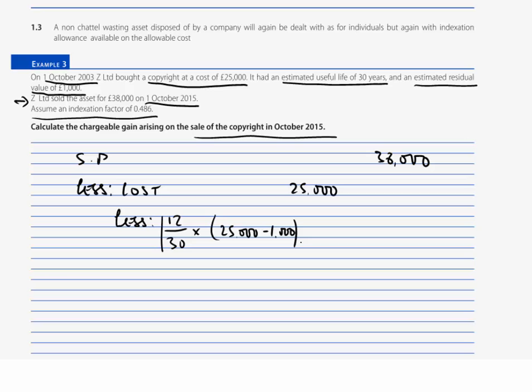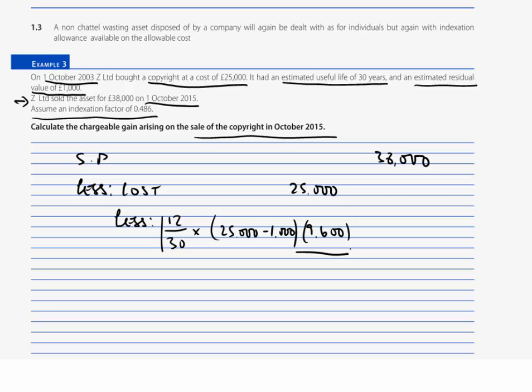So, number of years from when bought to when sold, 12, out of the useful life when bought, 30, times what will be the net cost over the life of the ownership of that asset. That is 25,000 minus the £1,000 residual value. 12/30ths, therefore, of 24,000 should come to a deduction of 9,600.